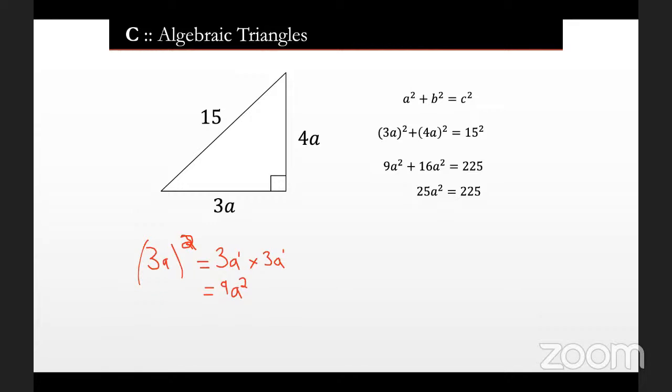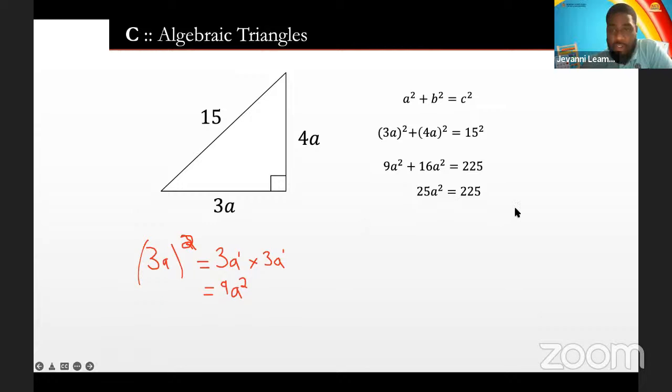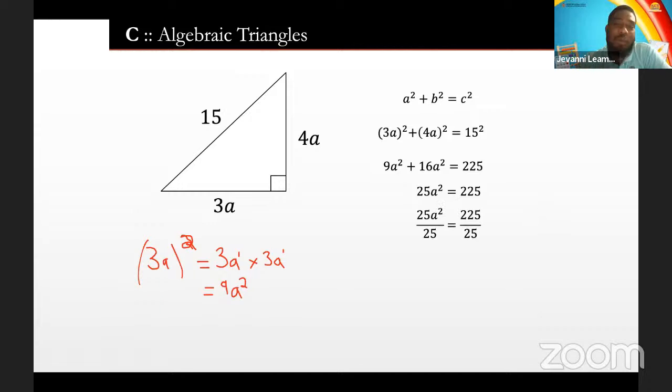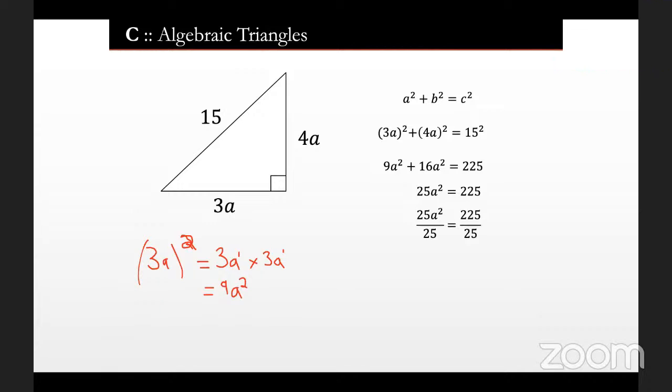We want to get rid of that 25 and make a the subject. So we divide both sides by 25. 25 into 25 goes one time, likewise with the numerator. All we're doing is undoing what has happened to a, since several operations have happened to a.